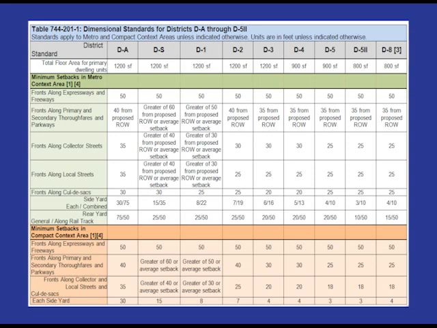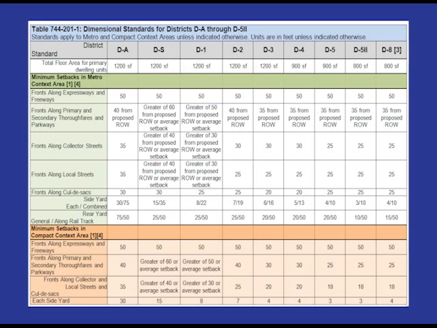To find those exceptions, you go to Table 744-204-1. That will give you in one place all the exceptions to any of the dimensional standards that you see before you in this part of the ordinance.